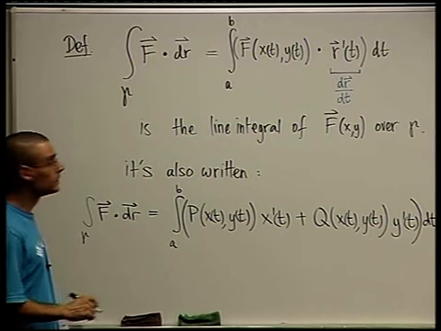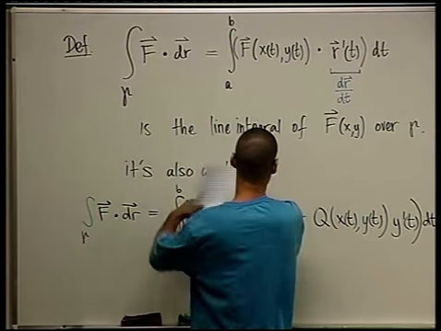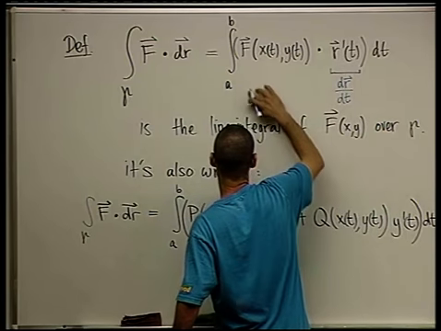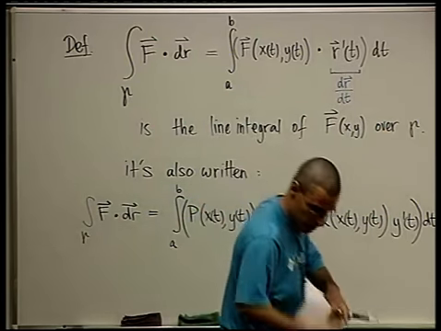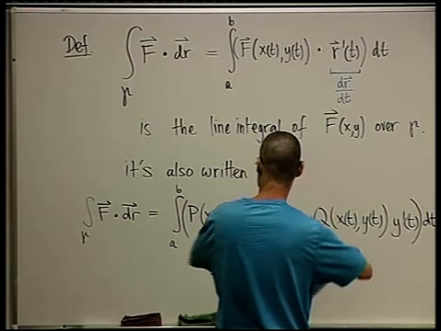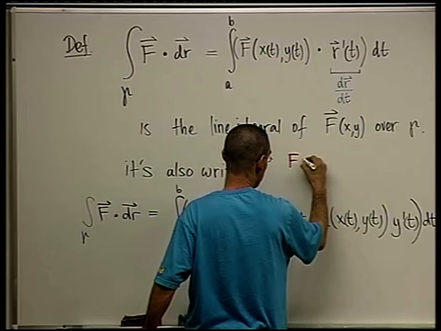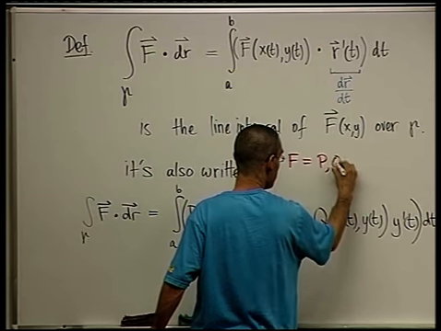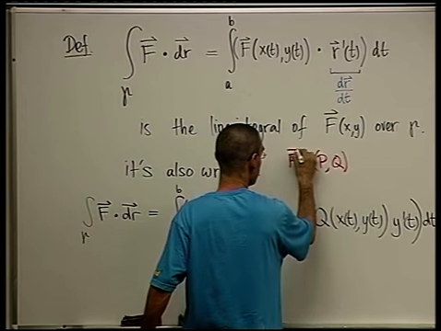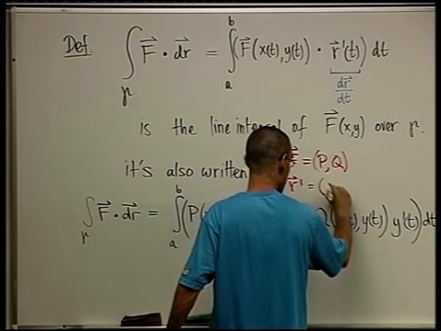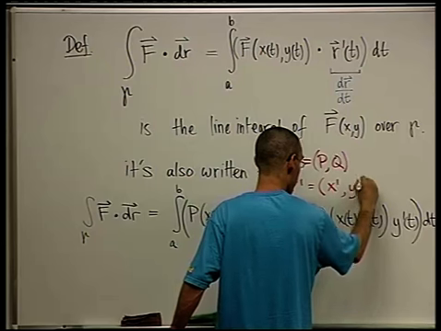Clear? So let me write up here. So F, let's do it in a different color and do it on the top. F is p comma q, and R prime is x prime comma y prime.